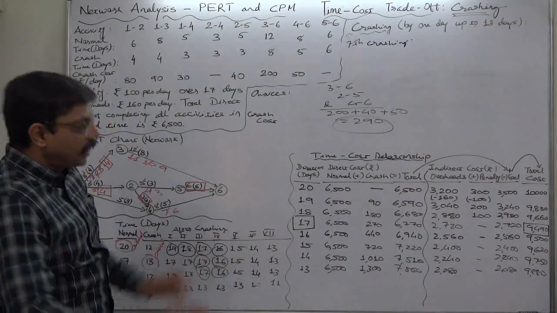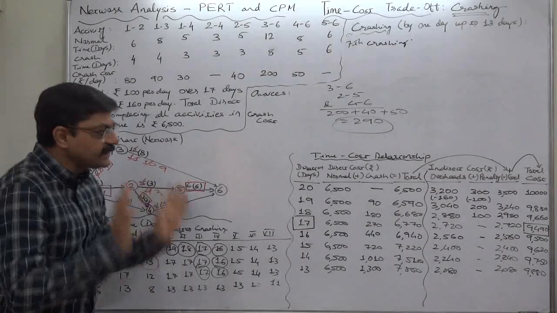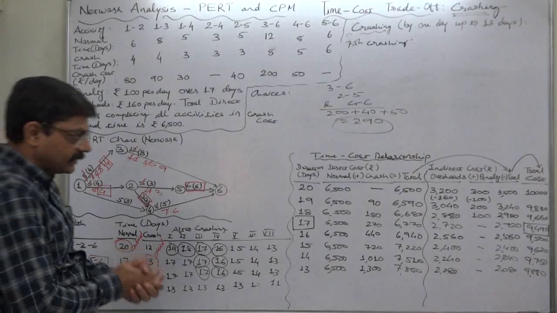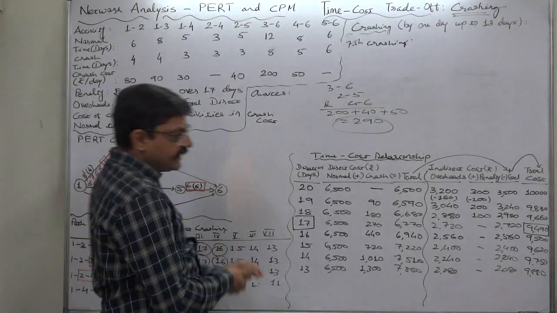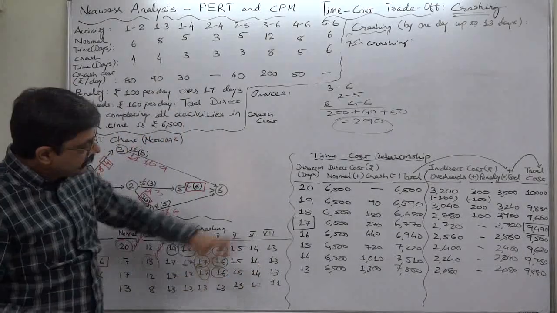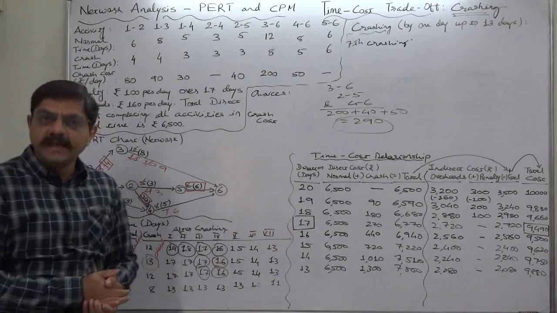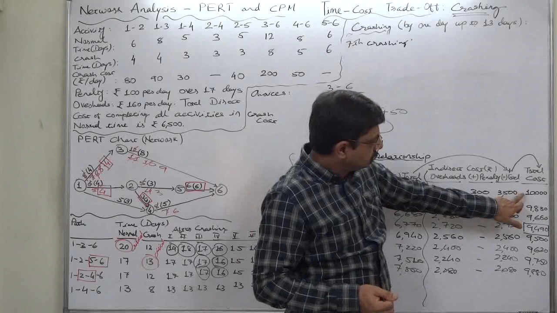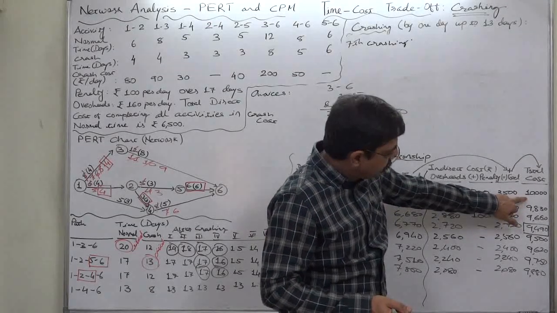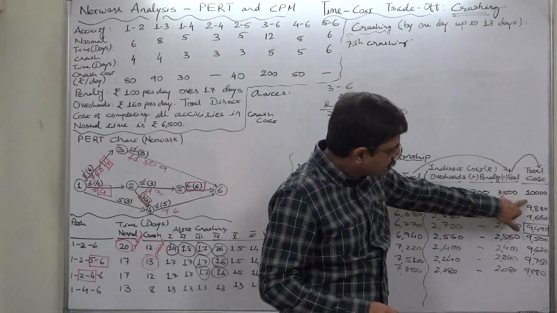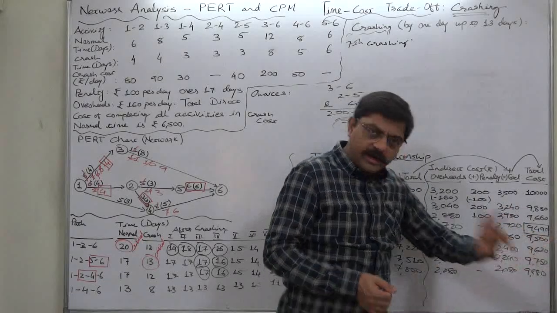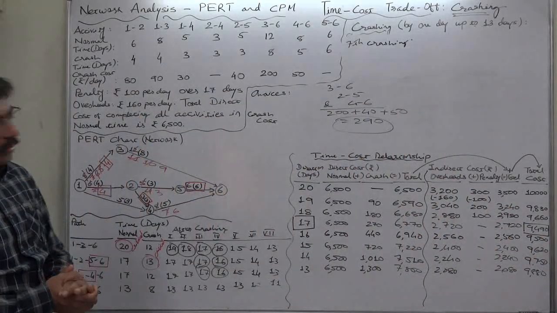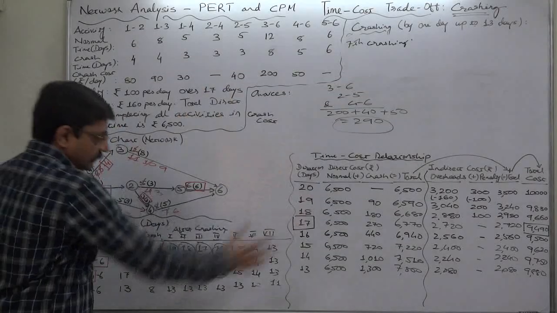Yes. So again we can conclude that it is advisable for the management to crash this project by 3 days from the critical path of 20 days to 17 days, and as a result the total cost will be from 10,000 to 9,490. That is lowest possible total cost in the whole analysis.